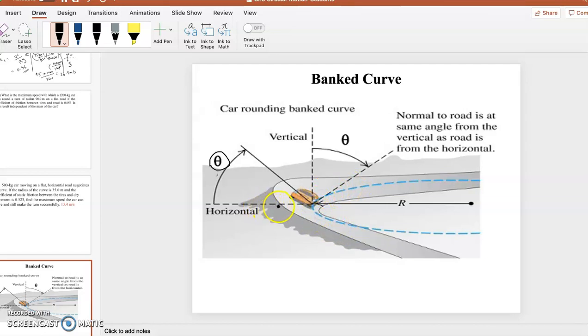In this situation, the curve has an elevation with an angle from the horizontal of theta. This is called the banking angle. So now we are really concerned with calculating or finding that kind of angle.